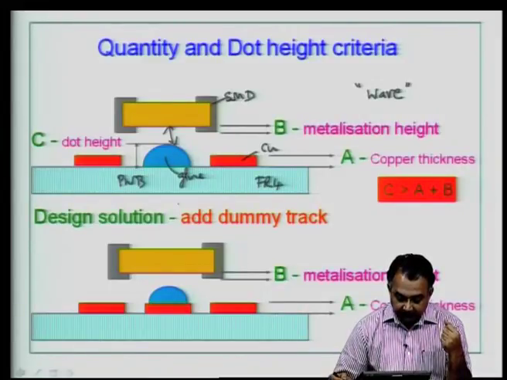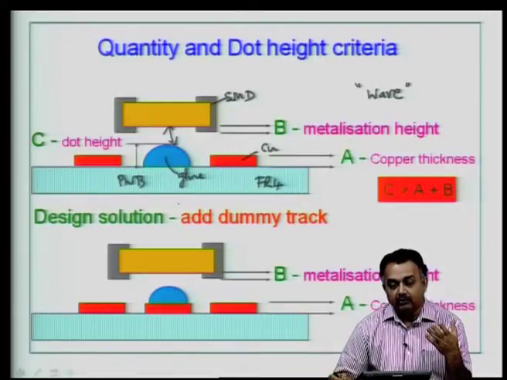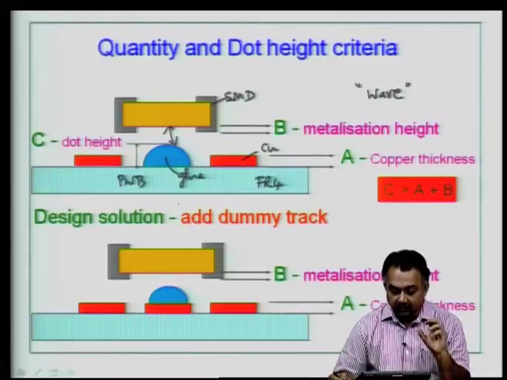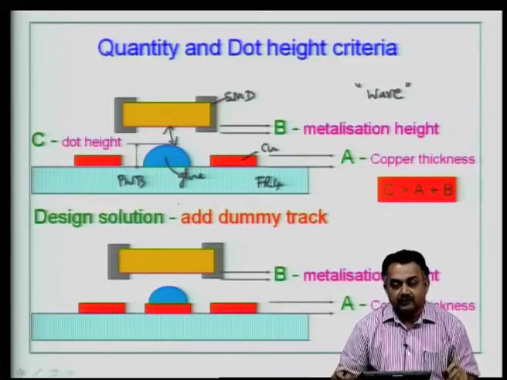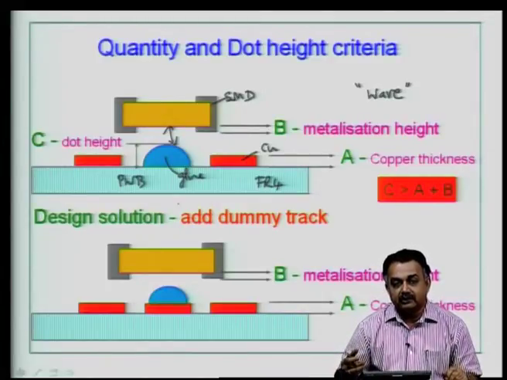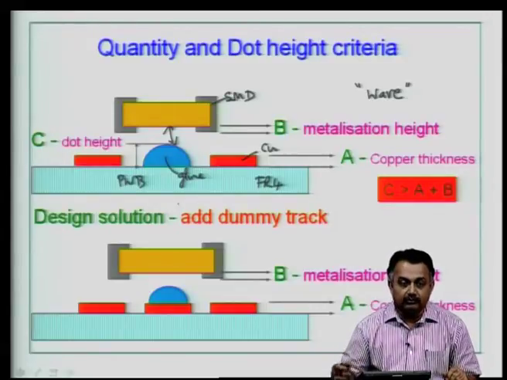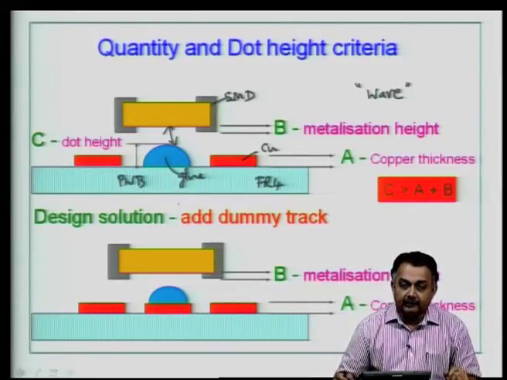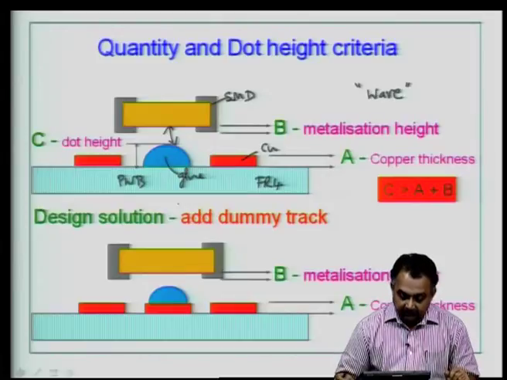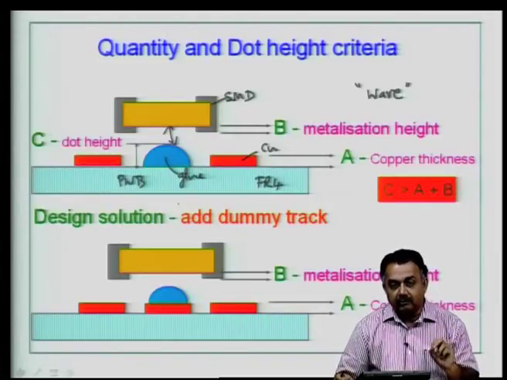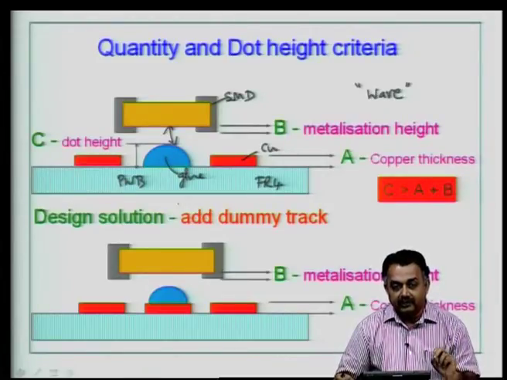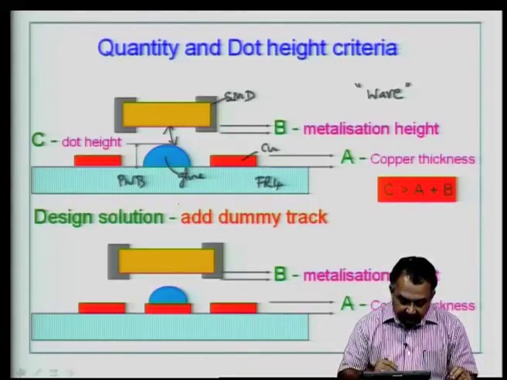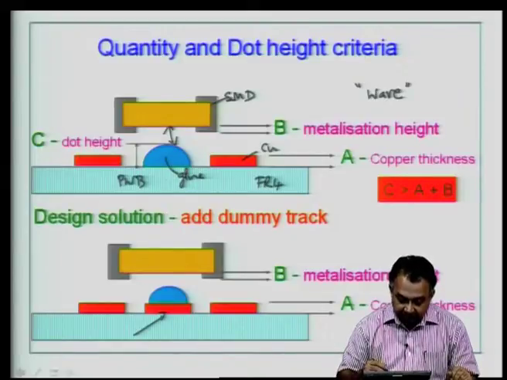How do you do that? Because adding more glue will also create problems called swimming of the surface mount device when you place it on the glue, during the full cure process. So, in order to use the right amount of glue at the right place, a design suggestion has been envisaged by many companies.